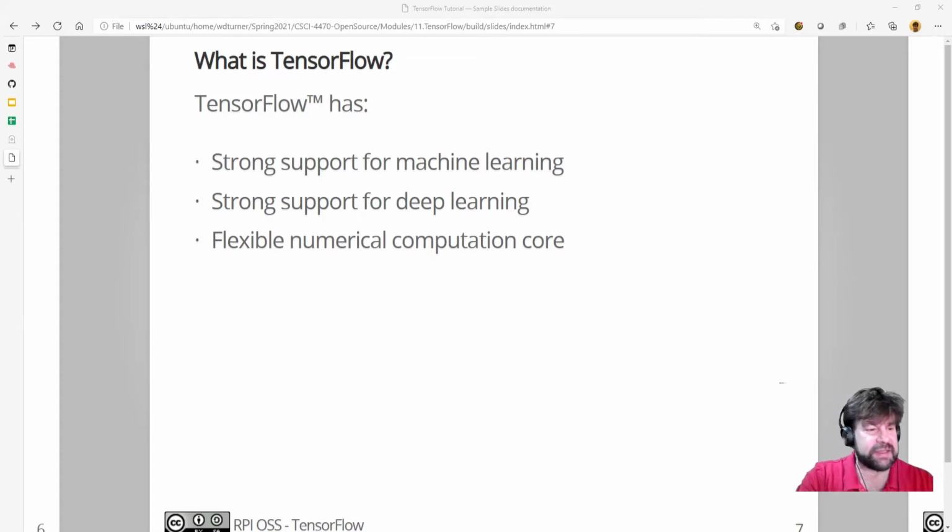Again, if you actually want to do AI computations, you need the ability to do mathematics, and TensorFlow supports them.